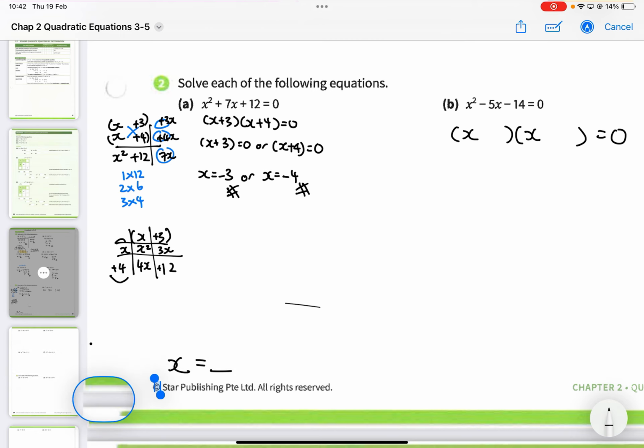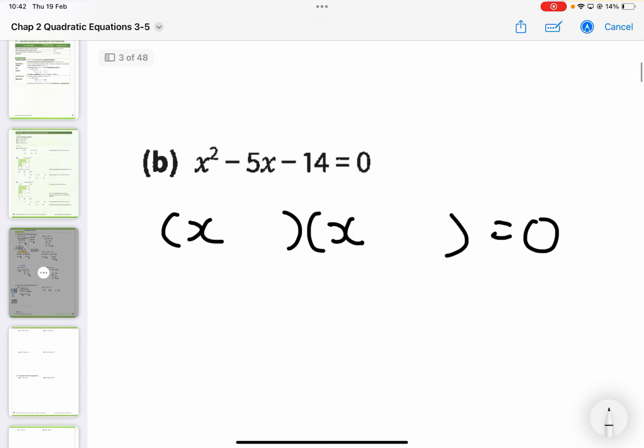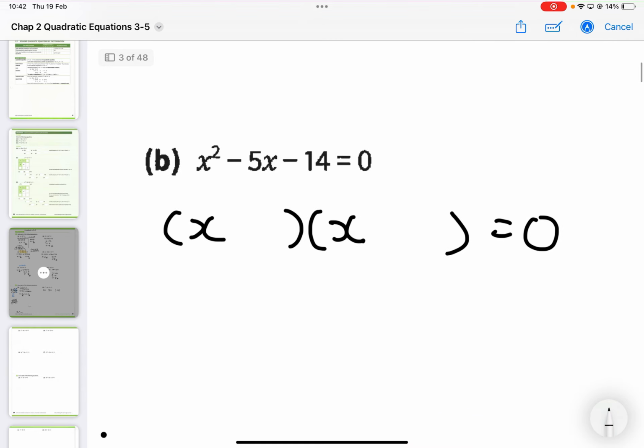So, the idea is the same. I want to factorize this x squared minus 5x minus 14. If you all are used to this one, I put my x squared here. Wow. Why is my iPad so slow? Oh. Then I put my minus 14 here.